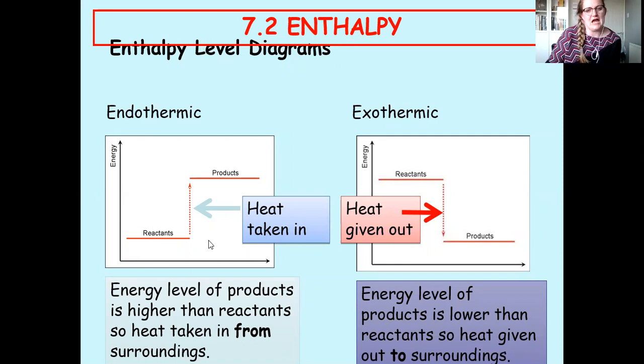We need to take energy in for that reaction to occur, so we have that increase, and then we have our products here. The exothermic example is the opposite. We have our amount of reactants, and it decreases for the products, showing heat is given out. So the energy level of our products is lower than reactants, so heat is given out to the surroundings.